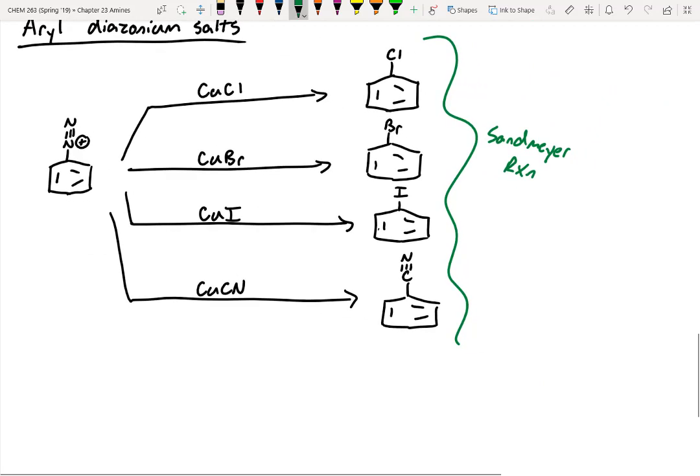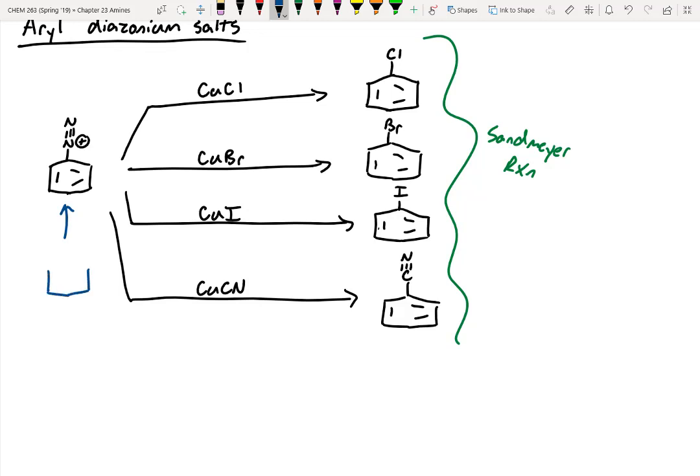So let's think about this. How can we make this diazonium salt? Well, what would the next intermediate be? It would be aniline, right? We'd need NH2, and then we would need NaNO2 and HCl. How could we make aniline? I was trying to get you to practice this on your last pod.